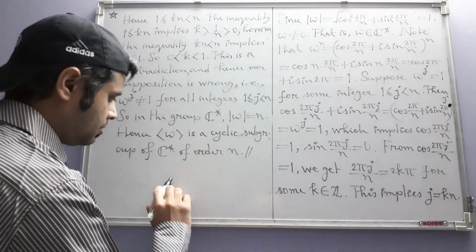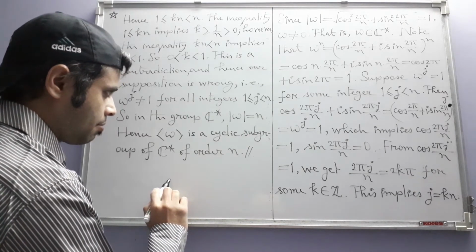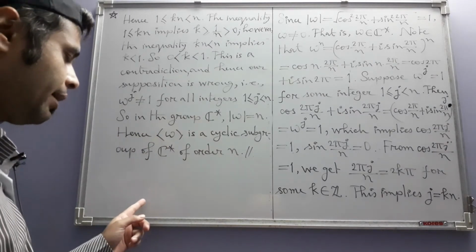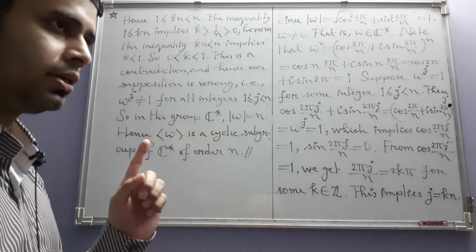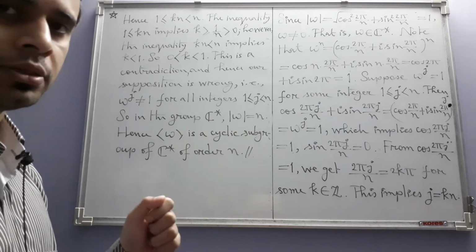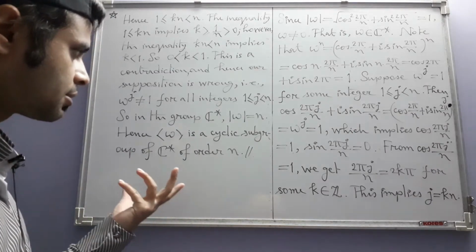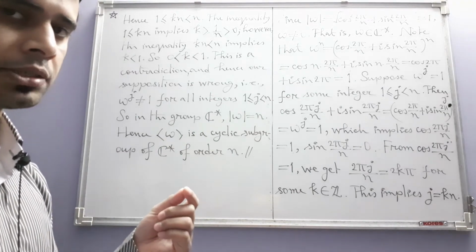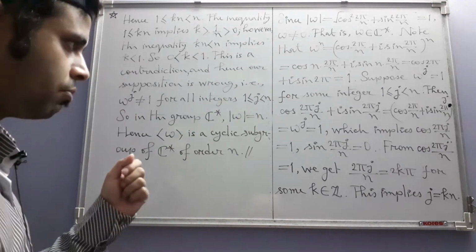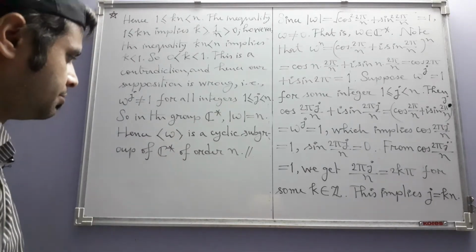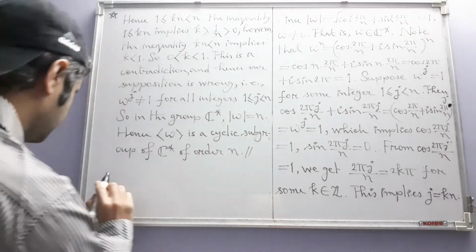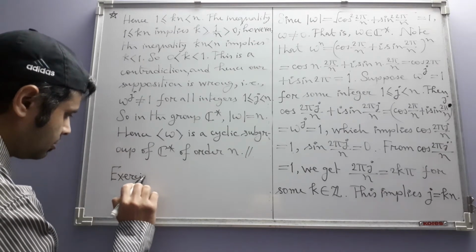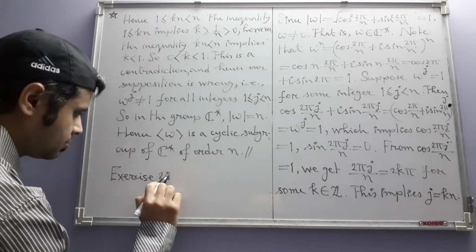Geometrically, the elements of this subgroup will lie at the vertices of a regular n-sided polygon, which is inscribed inside the unit circle centered at the complex number z equal to 0. Why, I'm not going to say, and we don't need that also. Next, exercise 20.